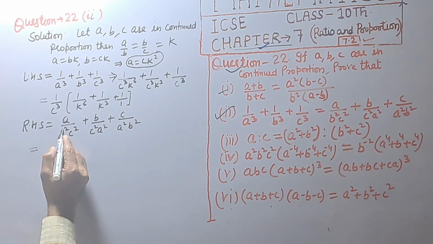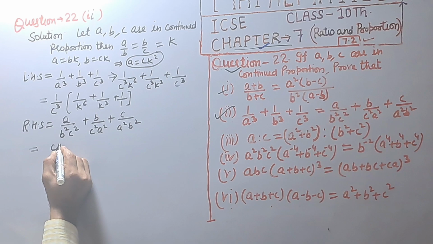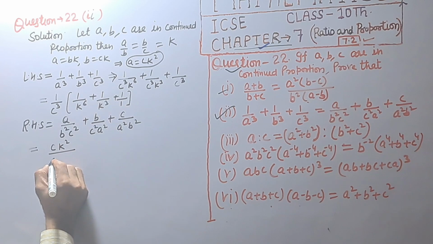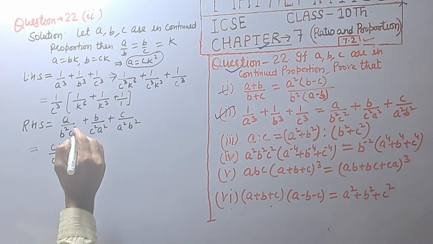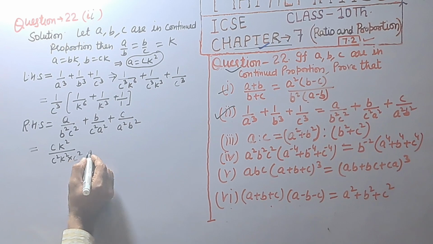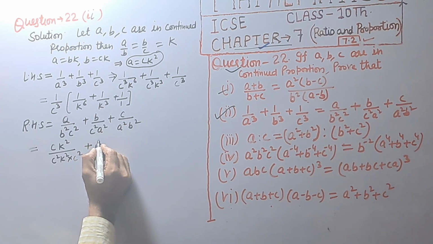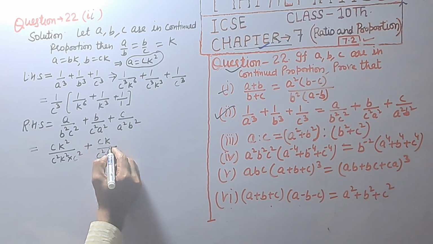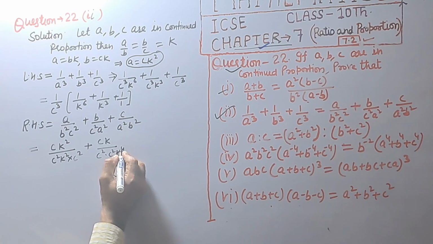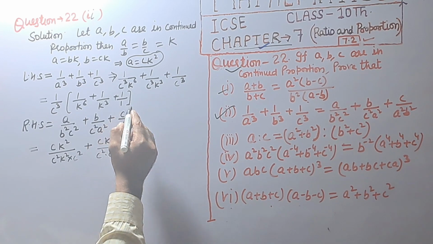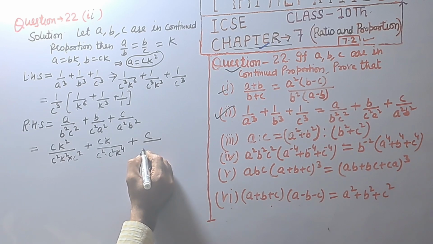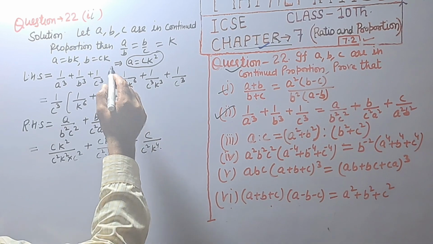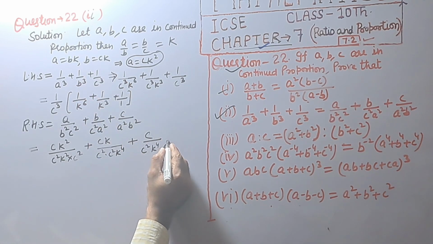That is equal to, A is equal to CK square divided by B square is C square K square into C square, plus B is equal to CK divided by C square into A square is C square K4, plus C divided by A square is C square K4 into B square is equal to C square K square.